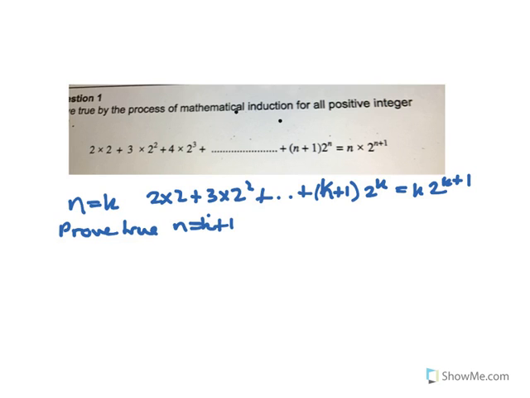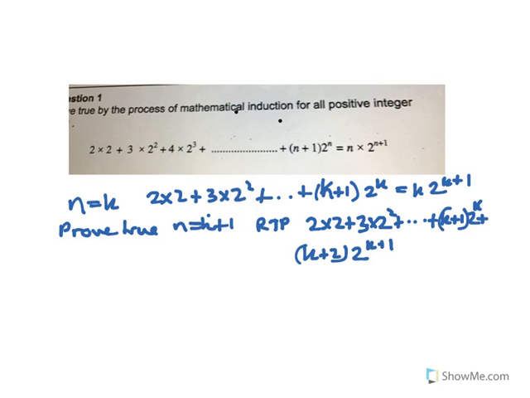So when you're doing n equals k plus 1, what you're required to prove is that 2 times 2 plus 3 times 2 squared, up to (k plus 1) times 2 to the k, plus (k plus 2) times 2 to the k plus 1, because you've got to add one more on, equals (k plus 1) times 2 to the k plus 2, because instead of a k I'm putting k plus 1, which is k plus 2.